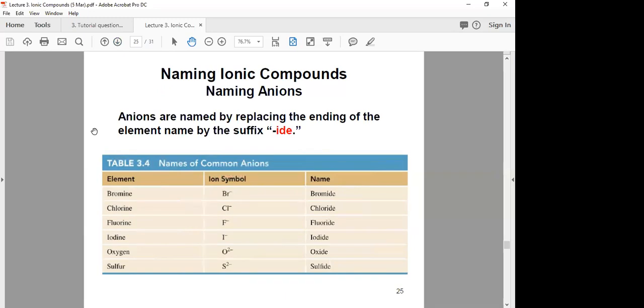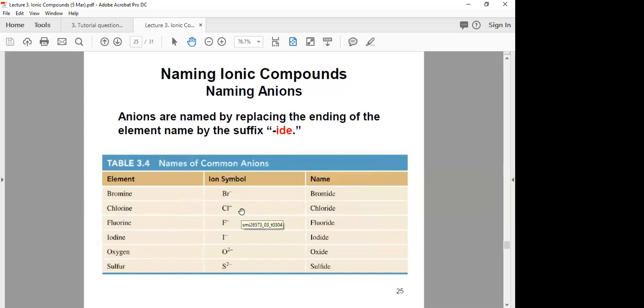Yeah. Good point. Okay, so moving on now from the cations, let's look at naming anions. Anions are named by replacing the ending of the normal element name with the suffix "ide". So remember earlier on, I was referring to chlorine in its charged form as chloride. When it has a negative charge, remember this rule.